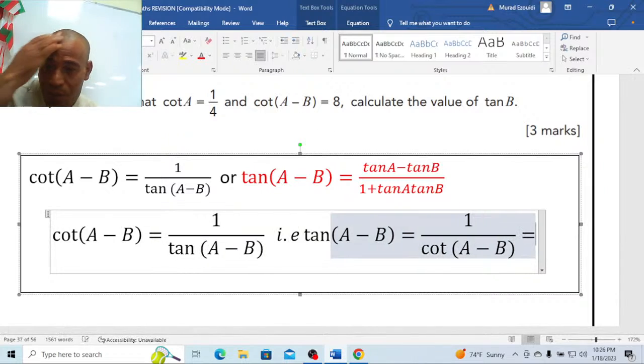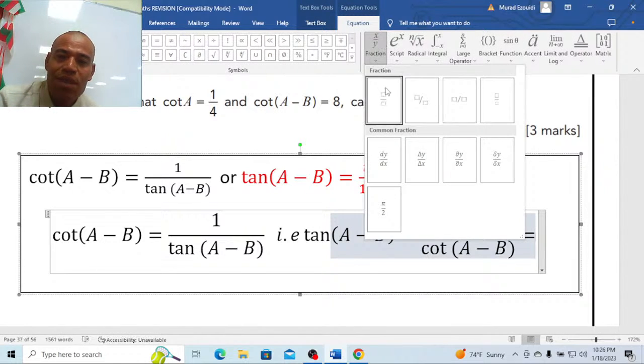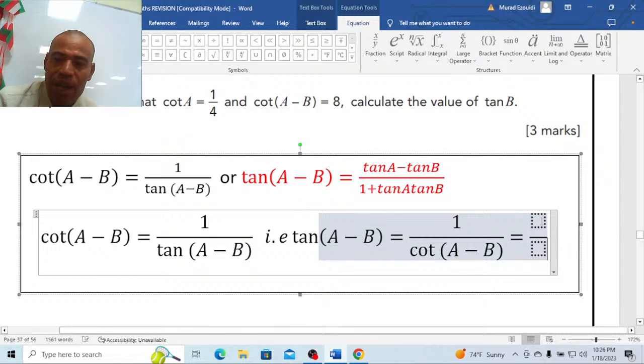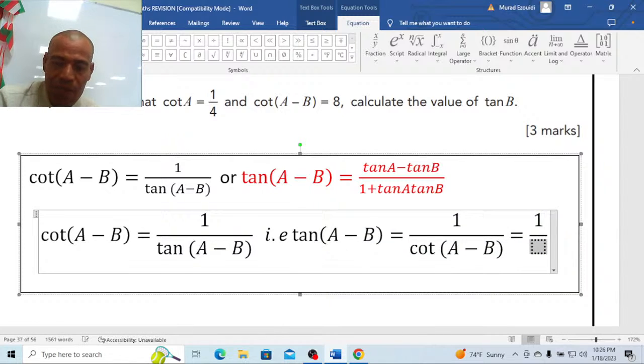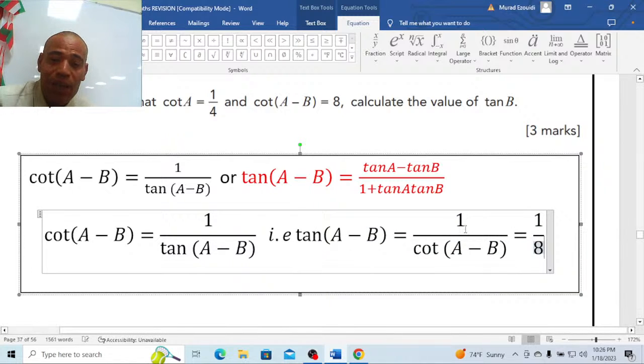Now it's clear that tangent of A minus B equals 1 over 8, because cotangent of A minus B is 8. Now I'm going to use the expansion of tangent of the difference between two angles, A minus B. I will use this one.